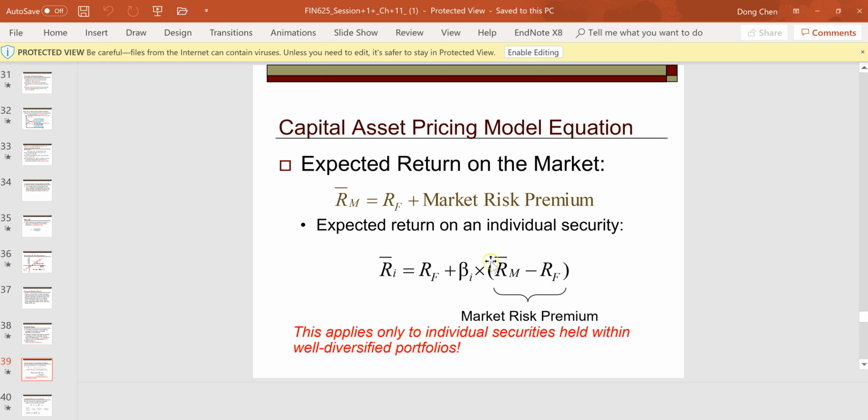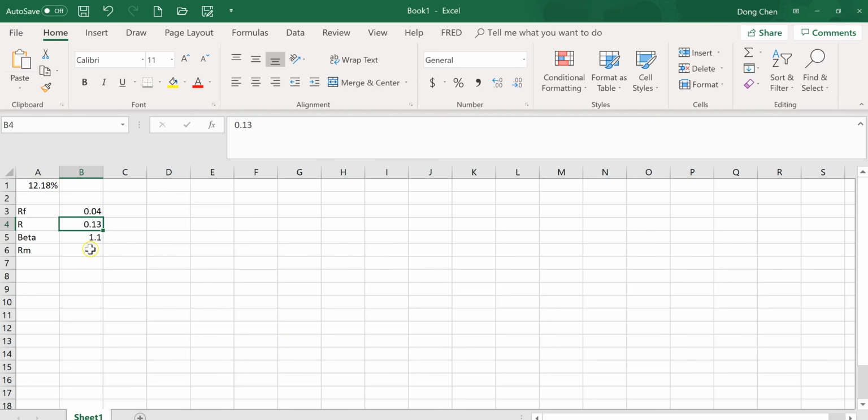That's the relationship. But now we don't know R_M, but we know R_i. So what if we are provided with just an arbitrary number, 0.07, for example? Let's assume R_M is 0.07. Obviously, that may not be correct, but you'll see why I do that later.